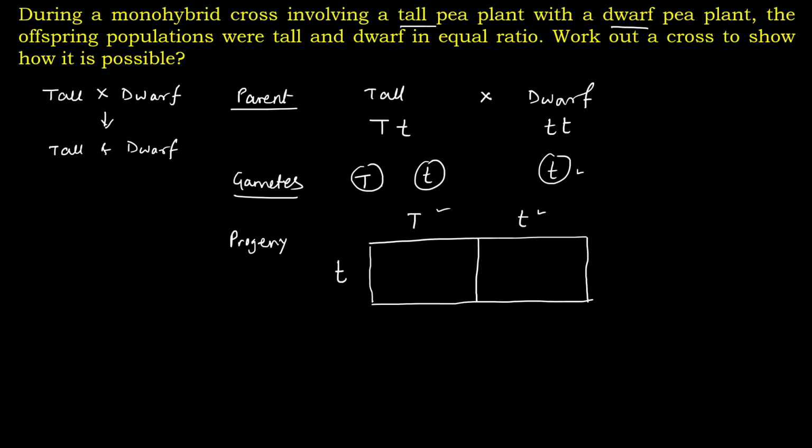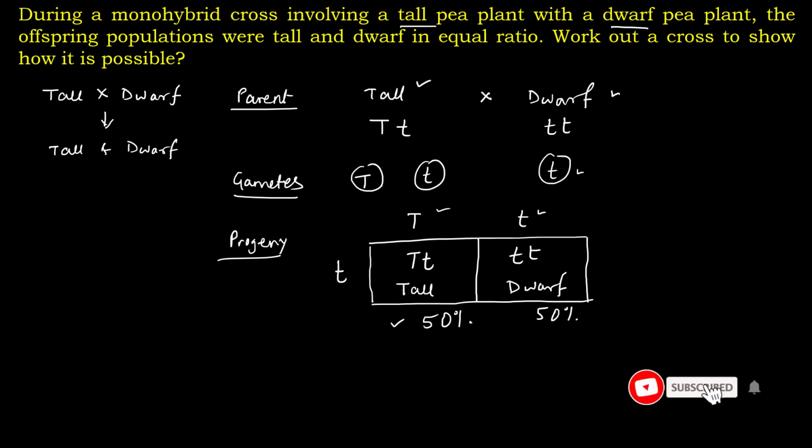When the cross happens, the progeny is going to be capital T, small t, and small t, small t, and the phenotypic expression of that is going to be tall and dwarf. So you can see the progeny is going to be tall and dwarf with an expected 50% ratio, that is 1:1. This satisfies the question that tall and dwarf plants were involved, and the progeny also had tall and dwarf plants.